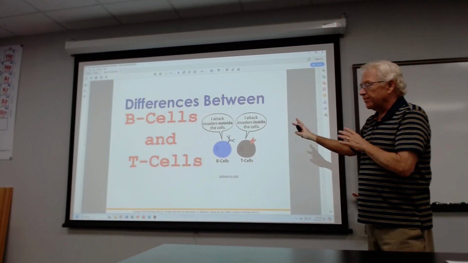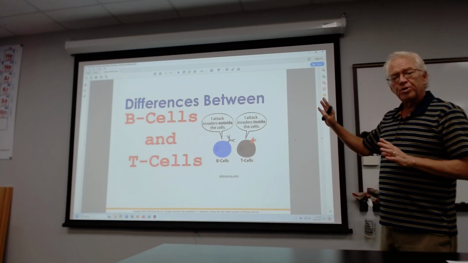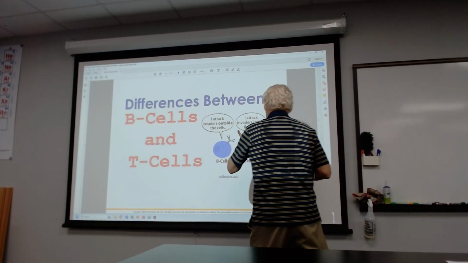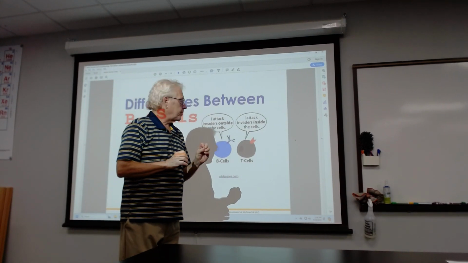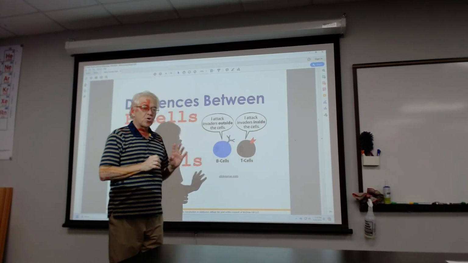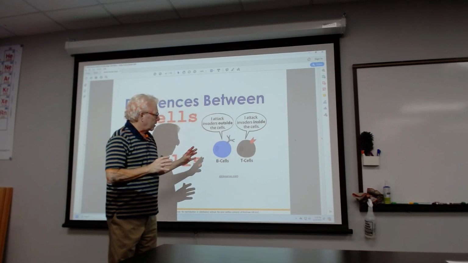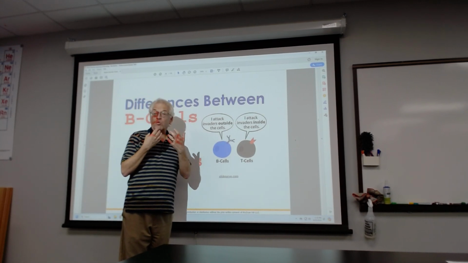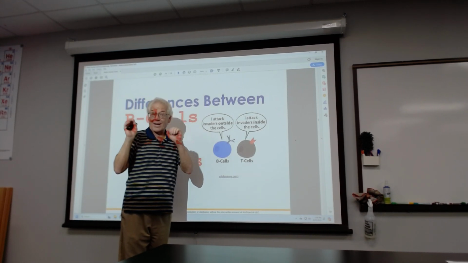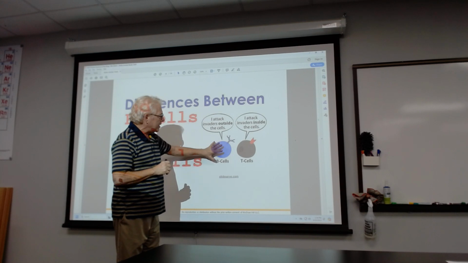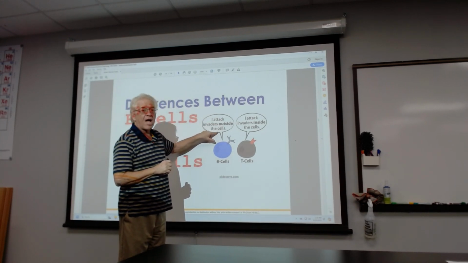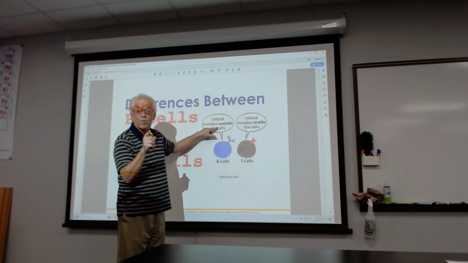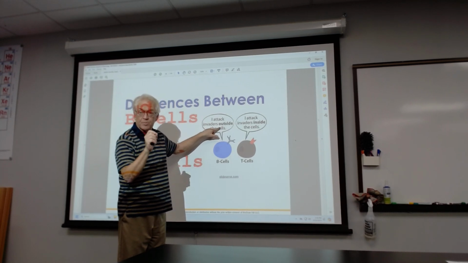So here is one quick slide to remind you. They're both lymphocytes, so they look exactly alike. But they have two totally different functions. Their job is to get rid of antigens, bad guys. B cells attack the invaders while they're still outside of your cells, while they're still in your lymph and in your blood.